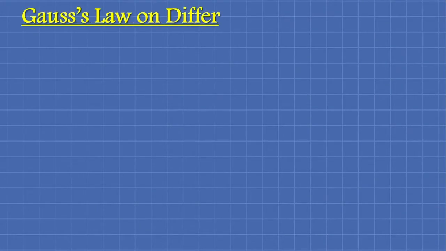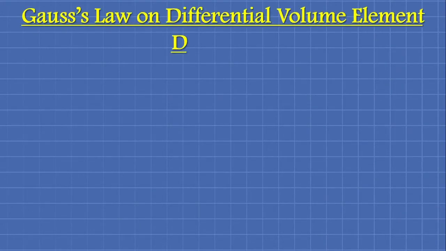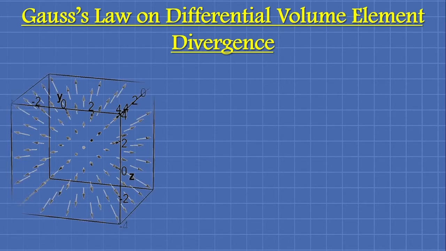Welcome back. Up till now, we have applied Gauss's law on different symmetrical charge distributions. But what if the charge distribution is not symmetrical? That means our field intensity is not normal or tangential at any point, or we can also say that the density does not have a constant value throughout the assumed Gaussian surface.